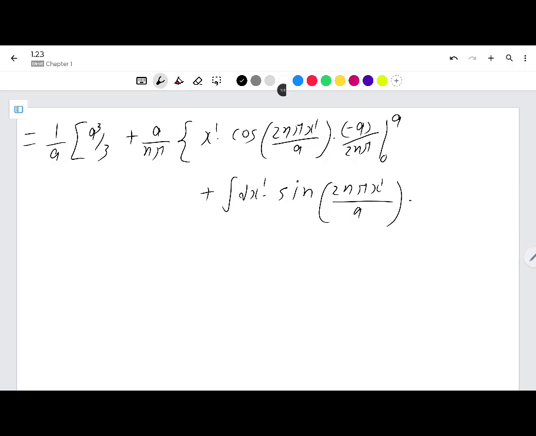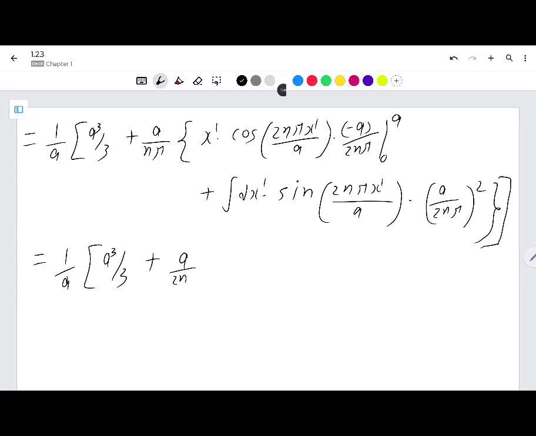This will give us a by 2n pi squared. So this term will be cos 2n pi, which is 1, minus cos 0, that is also 1, so it will be 0.